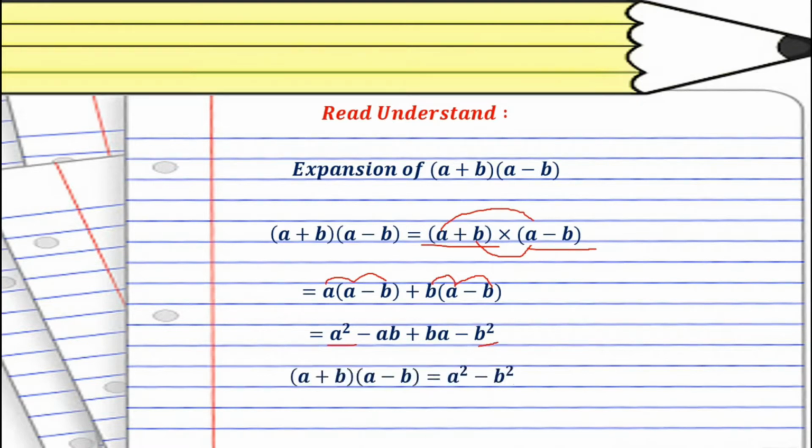And that will be a square minus b square. So you will see here that (a plus b)(a minus b) is equal to a square minus b square. Okay, like this.